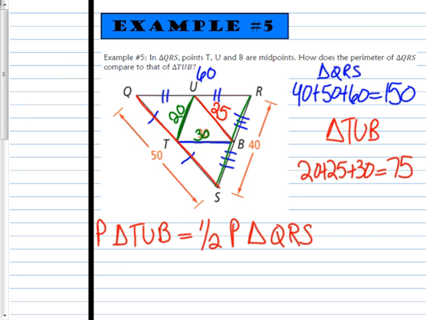Or you could say the opposite. You could have said the perimeter of triangle QRS is 2 times the perimeter of triangle TUB. Okay, I just used the midsegment. I'm going to cut in half or I'm going to double, and that's what you're going to be doing a lot when you are working with midsegment, is cutting in half or doubling.